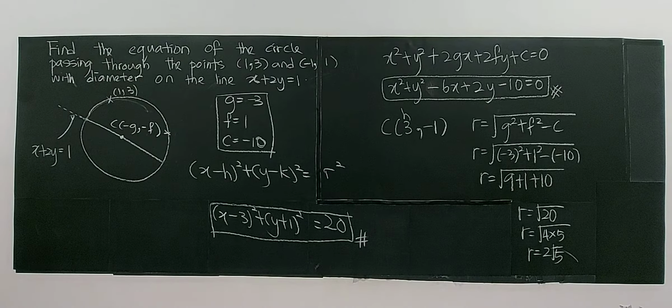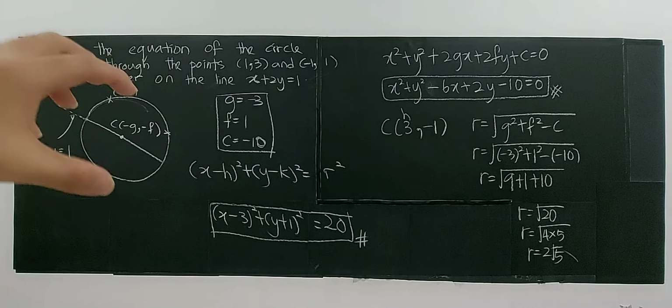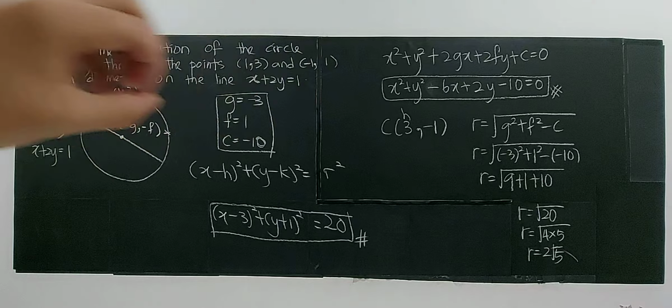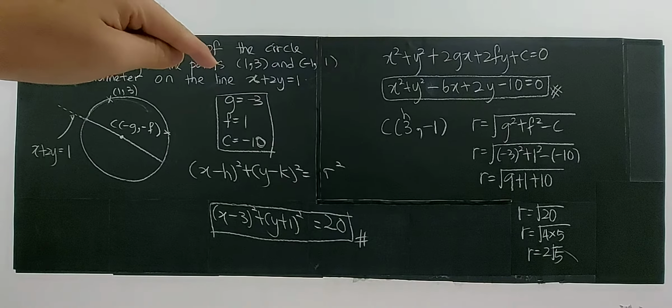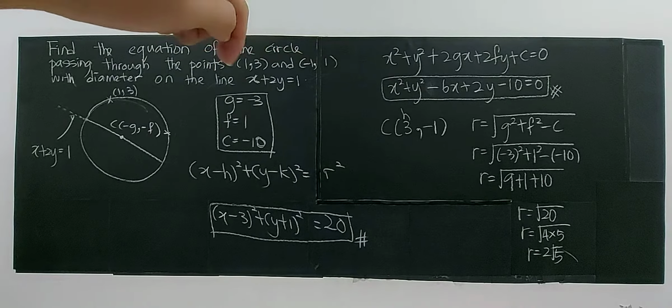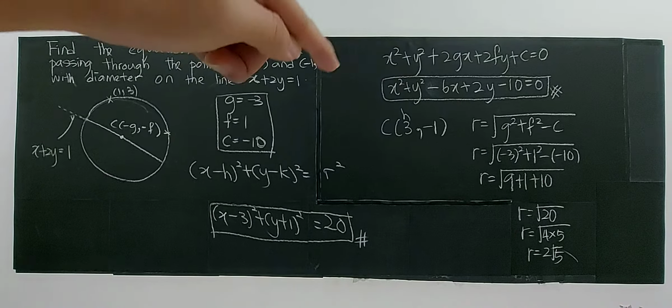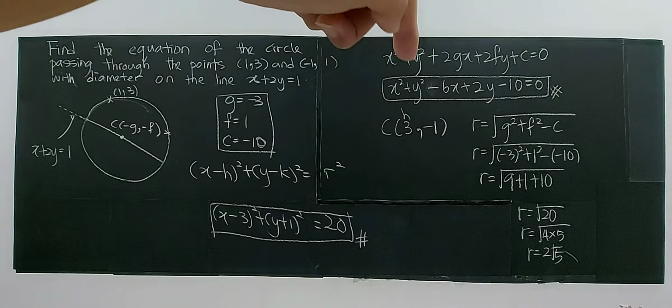So it depends on what the question requests you to find. The most important thing is you must know how to solve this equation. They said the circle passes through the points (1, 3) and (negative 1, 1). With this, we already have 2 pieces of information, so we get 2 equations by substituting into the general equation.